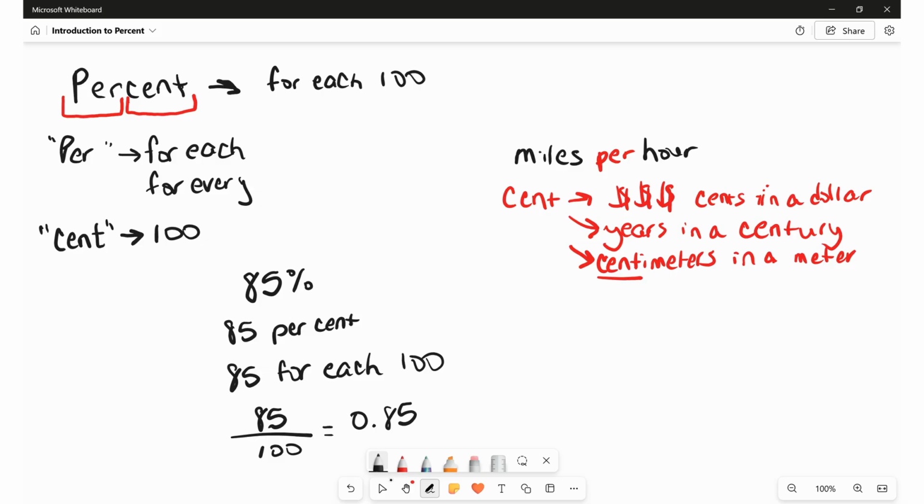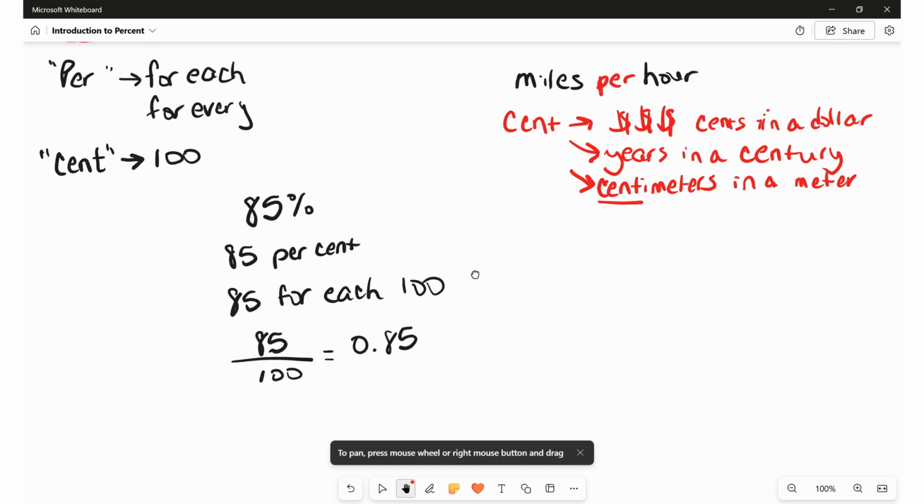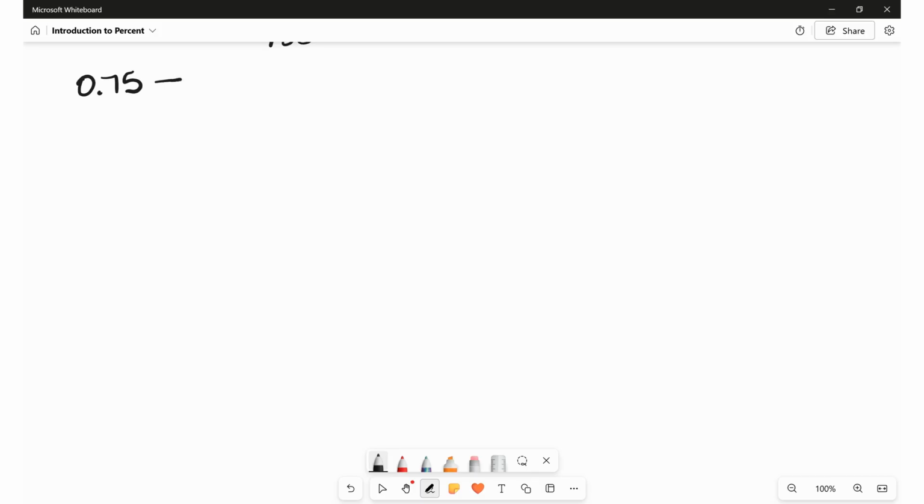So this is where we get into how we would change different forms into percent. We have 0.75 and we want to change that to percent.